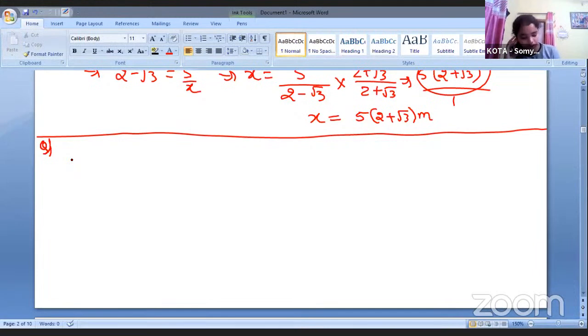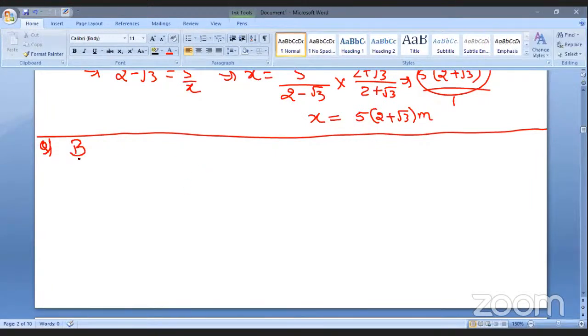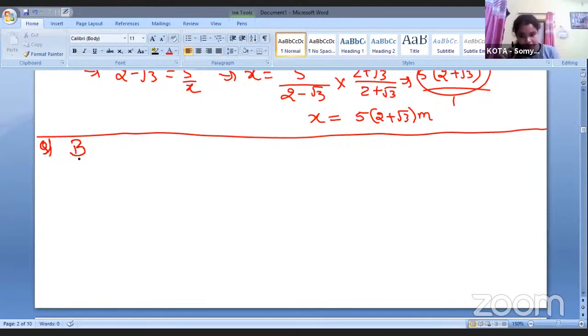Full stop. Let B be the point 30 meters vertically above the point A.